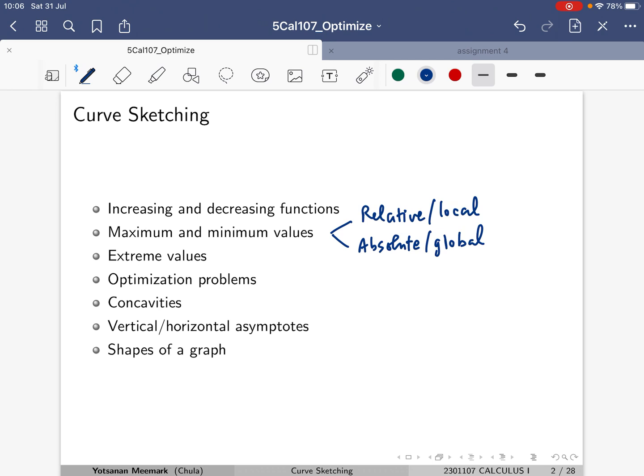If we don't indicate whether we want to find a max or min, sometimes we can say that it is the extreme values.